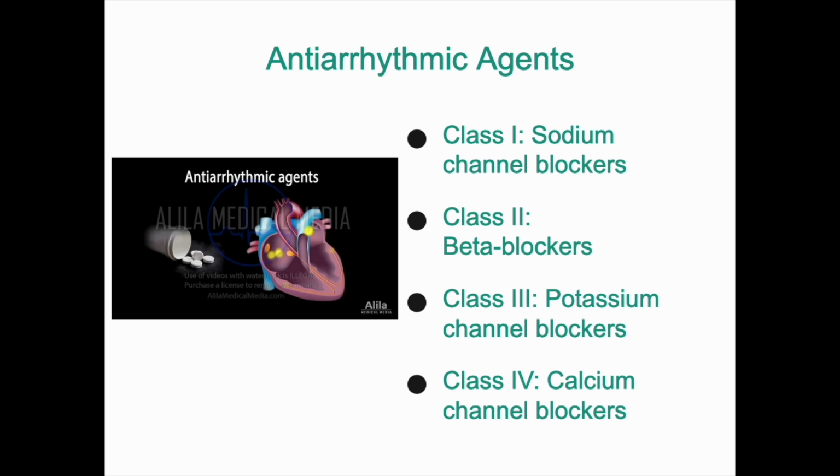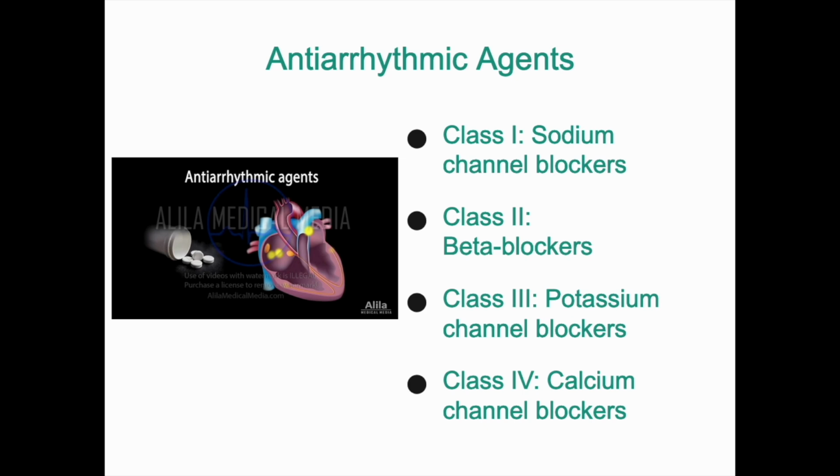Antiarrhythmic agents. These are used to prevent irregular heart rhythms by affecting the electrical activity of the heart. They're classified into 4 classes. Class 1, these drugs slow the electrical impulses in the heart. Class 2, these drugs block the effect of adrenaline, reducing heart rate and blood pressure.